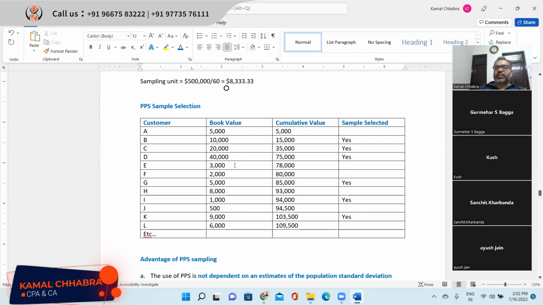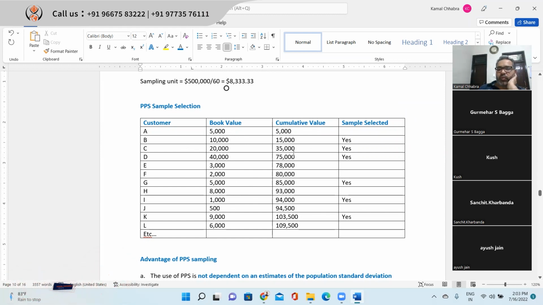These are the book balances of the customers. Now for PPS sampling, you need to accumulate the balances. So the cumulative balance is 5,000, then 5,000 plus 10,000 is 15,000, 15,000 plus 20,000 is 35,000, 35,000 plus 40,000 is 75,000, and so on. This is how you do the cumulative value.